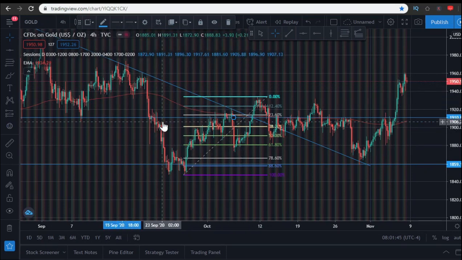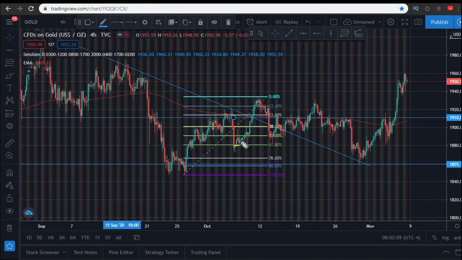I'll show you a sell in a minute, but let's just look at this. Okay, so the price came down here, it went all the way up to the 23.6, but that wasn't our zone, so we waited until price came down to touch the 61.8 like it did here, and then we went for the buy.